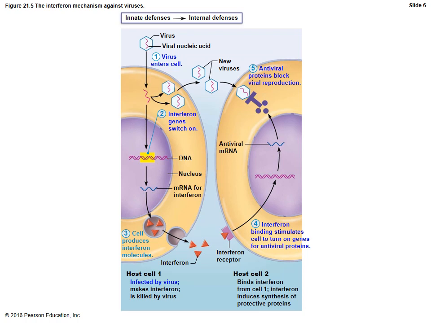And the interferons will warn the neighboring cells so that they can start producing some of their antiviral qualities, thereby blocking or making it harder for the virus to infect them as well. So interferons are proteins that are secreted whenever a cell is invaded by a virus in an effort to warn its neighboring cells.